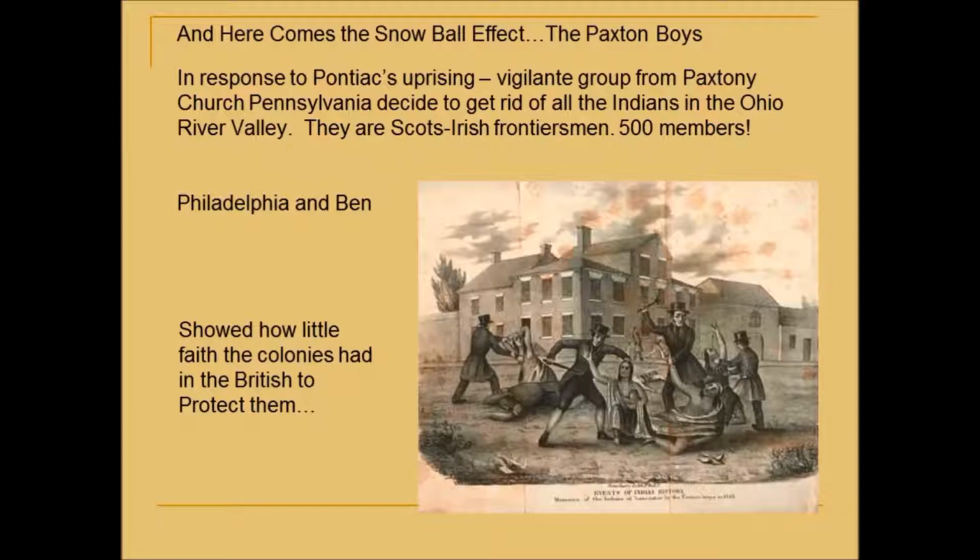So the boys heard from somebody that a larger group of these Susquehannock people had made a run to Philadelphia looking for help, and so the Paxton boys follow them. They want the whole tribe gone. And so they end up in Philadelphia, and who do they meet on the outskirts of the city of Philadelphia but Ben Franklin?